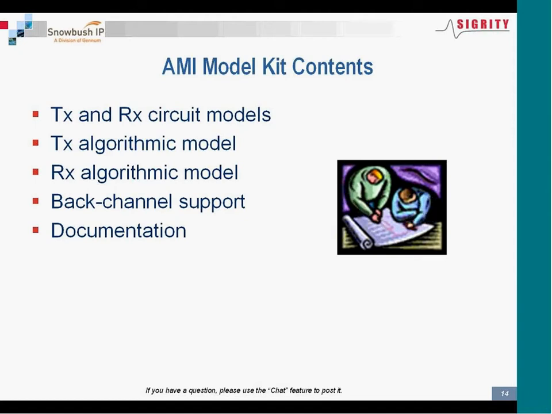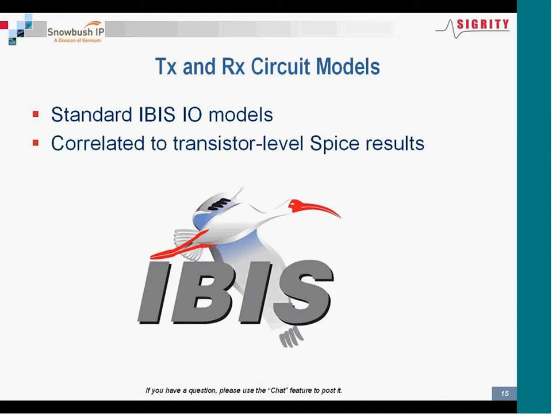We also have the TX algorithmic model, the .ami file, and the DLL, and an RX AMI file and DLL. And of course, these algorithmic models have been modified to provide the back-channel support that we're discussing. And of course, we've got documentation to allow you to figure out how to use all of this good stuff. The circuit models, as I said, are just traditional IBIS I/O models using the standard buffers defined in the standard, and they're correlated to transistor-level SPICE results to match both return loss and transient behavior.